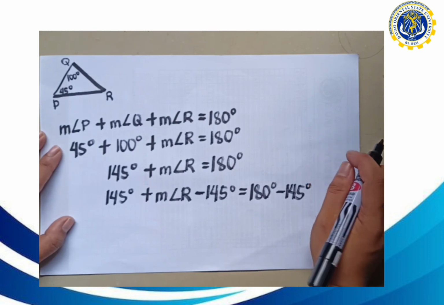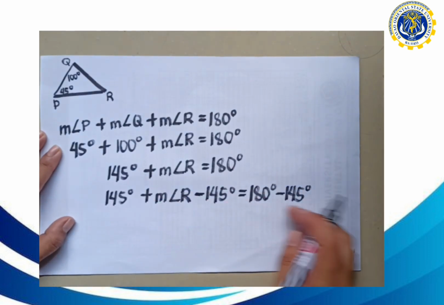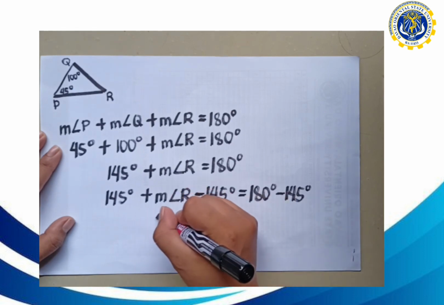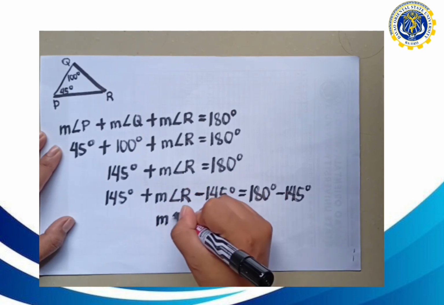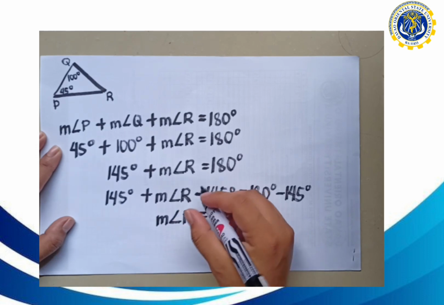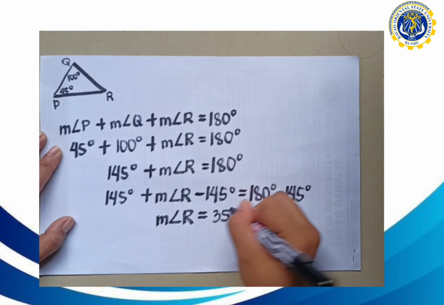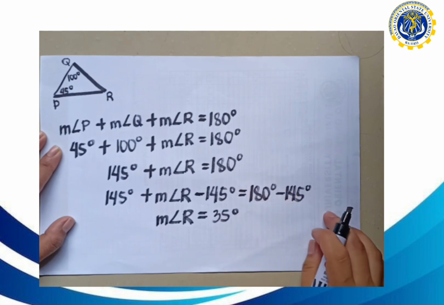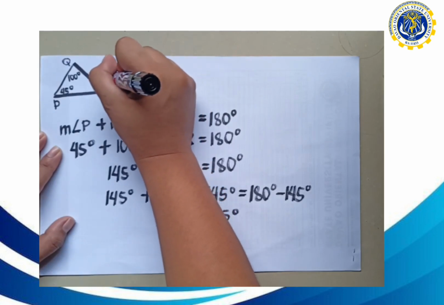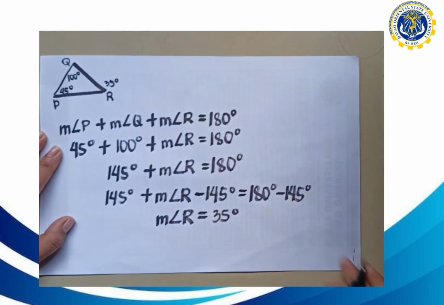Then after this, simplify. So now our unknown, which is angle R, is 35 degrees. So now our angle R is 35 degrees.